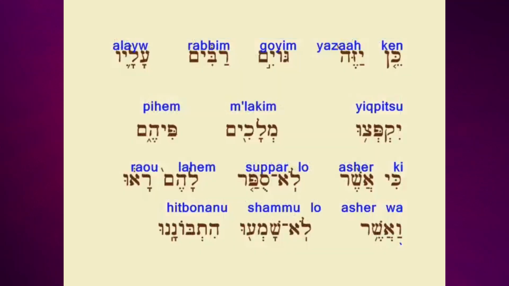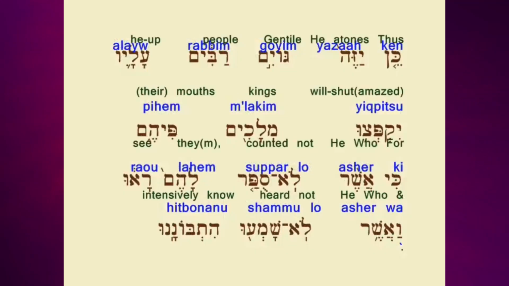But anyway. Okay, yiktz'tzu. Okay? They will close, these are the kings, they will close their mouths. Now see, you'll notice that this is the next clause. Alright. So we got Ken being threaded down to the prior two Kens, that's Trinity.